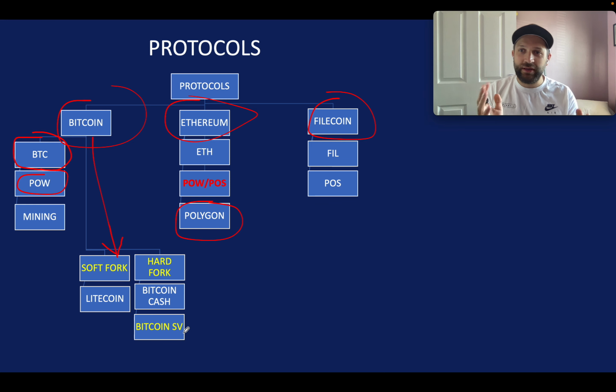So again, Bitcoin Cash happened, and then that split off again because Bitcoin SV didn't agree with Bitcoin Cash. They wanted to make the block size even bigger. They wanted the block to keep increasing over time. So you'll see now all these things, I guess, are not really good for the network effect overall.